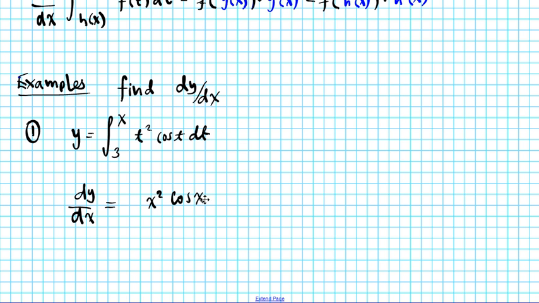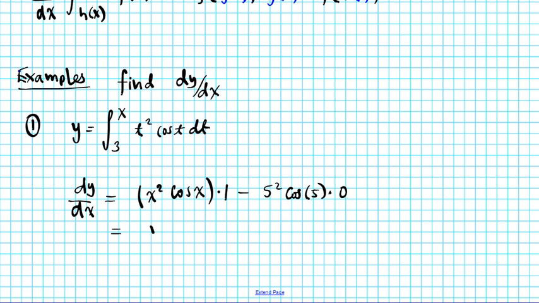Now we multiply that by the derivative of the top. What's the derivative of x? It's just 1, right? Minus, same for the bottom, 3 squared cosine 3 times the derivative of 3, which is just 0. So this whole thing is 0, and this one becomes x squared cosine x.